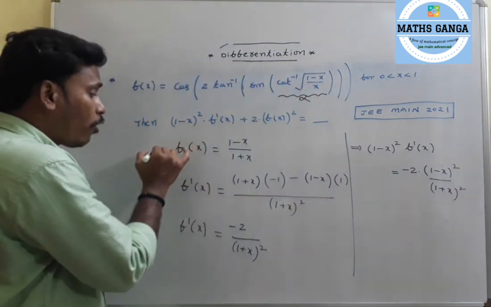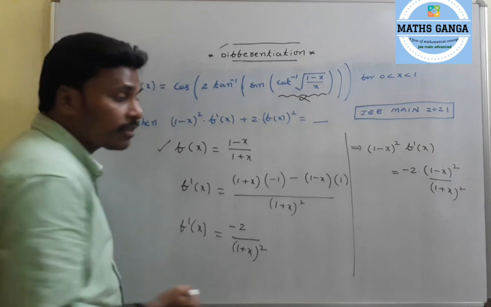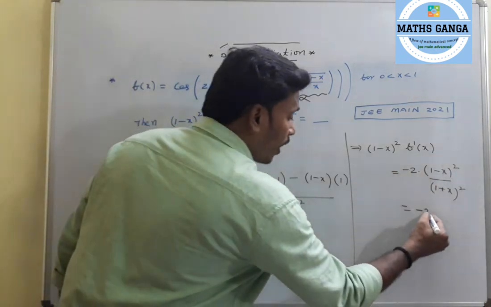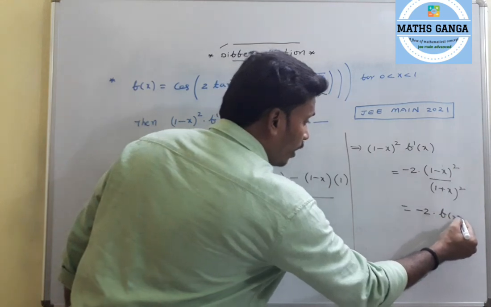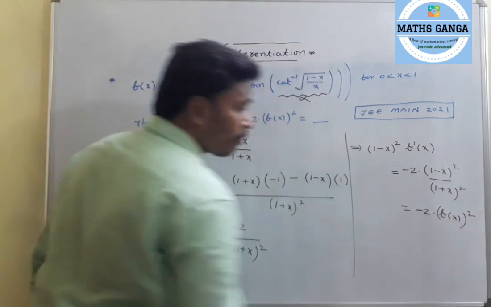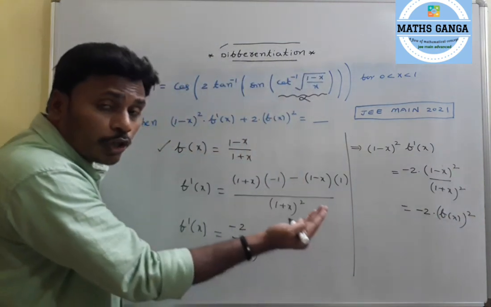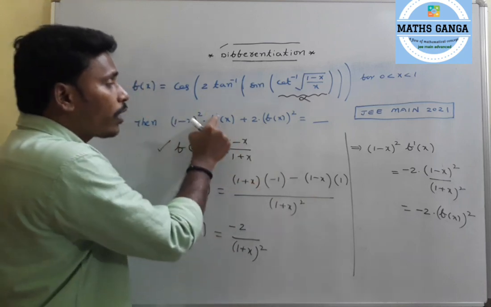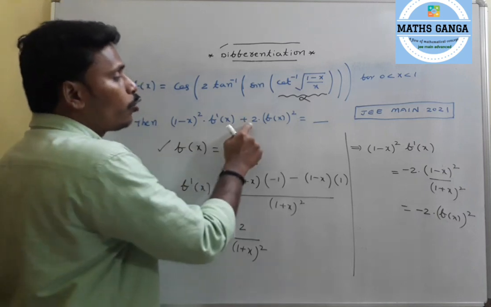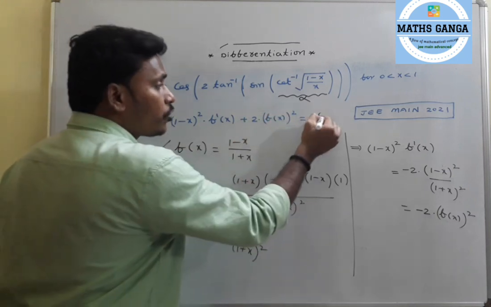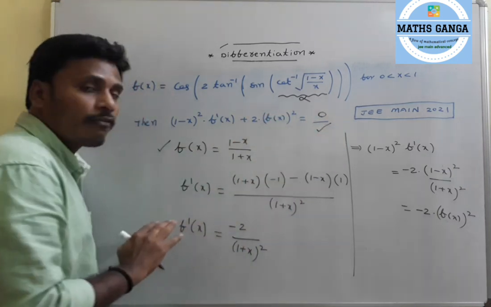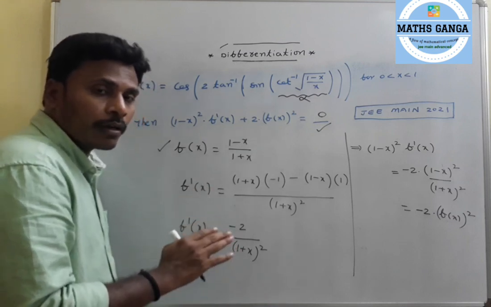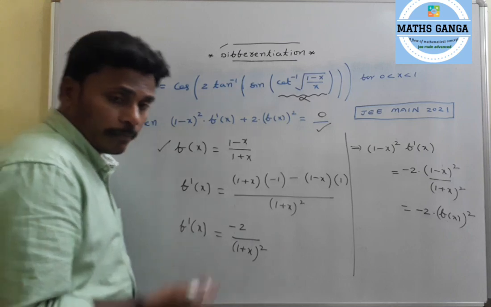Just have a look: f of x is (1 minus x) by (1 plus x), so here we have ((1 minus x) by (1 plus x)) whole square, which is easy to write as minus 2 into f of x whole square. If you send that to the left side, we have (1 minus x) whole square into f dash of x plus 2 into f of x whole square as 0, and your answer is 0 finally. It's a problem from Mains 2021 of differentiation.